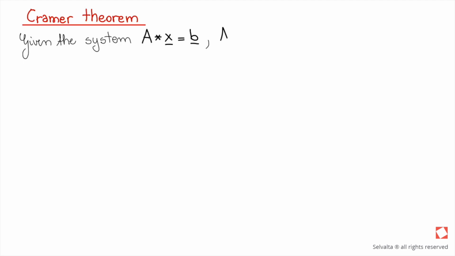Assume A is a square matrix, then A belongs to R^(n times n), the collection of matrices with n rows, n columns. We will say that the system is a squared system in order to say that it is run by a squared coefficient matrix. And furthermore, let the matrix A be non-singular, that is, its determinant will be different from zero.